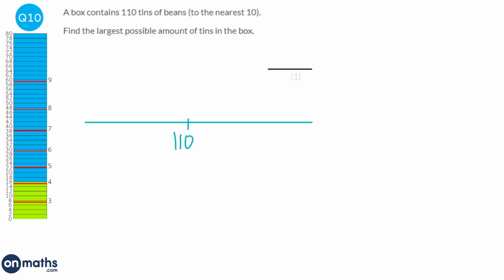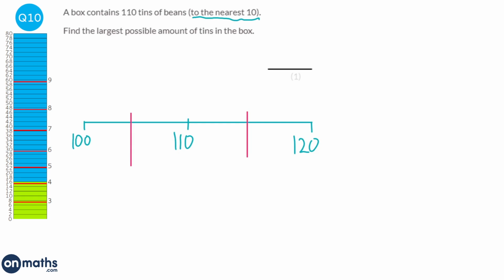If I start by drawing a number line, and we're going to put the 110 in the middle. Now I'm going to label the next one down and the next one up. It says to the nearest 10, so the next one down would be 100, and the next one up would be 120. Now we're interested in the cutoff, and the cutoff point is between the 2 numbers. Okay, so that's the cutoff point.